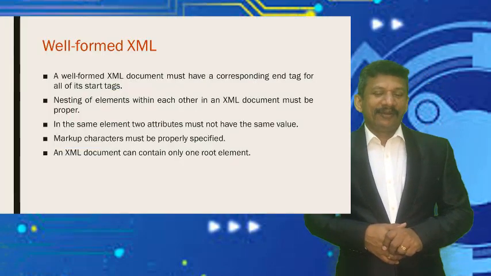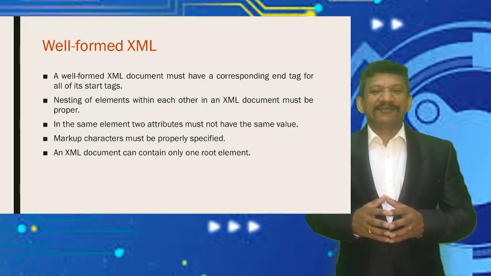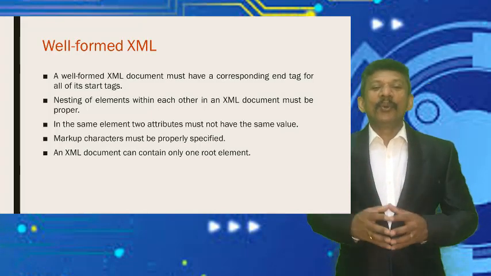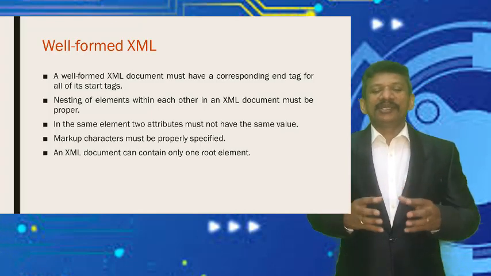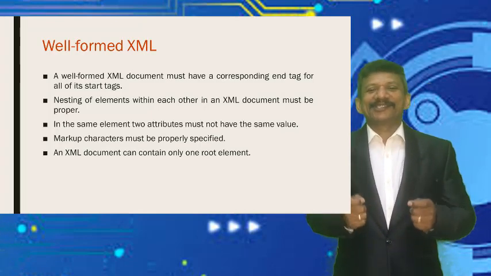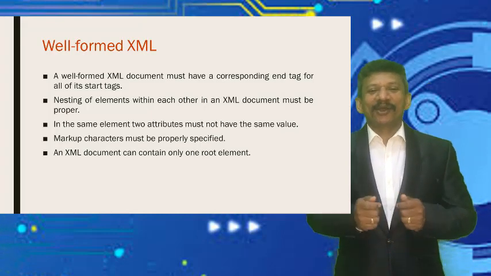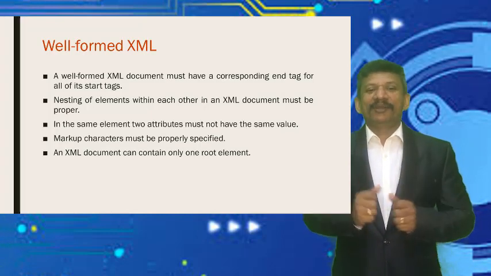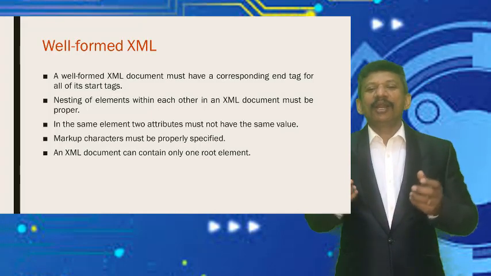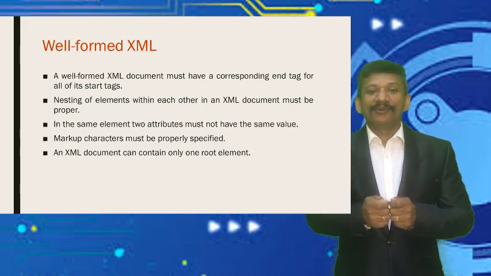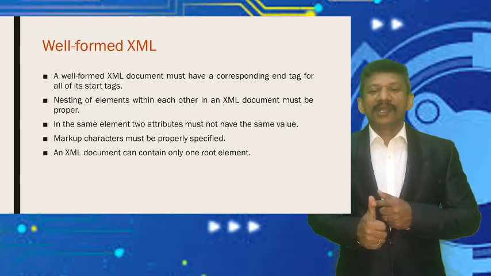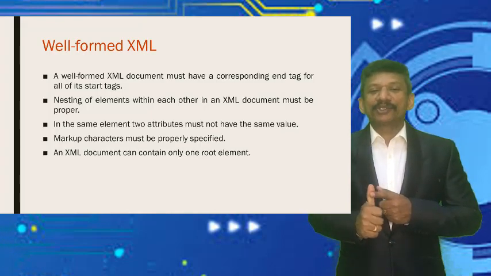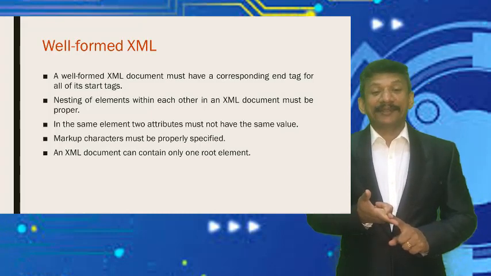Take a look at this particular slide. This is very important. We have a set of standards, a set of rules when we create XML. Only when you follow all these rules to create the XML, we call it a well-formed XML. So what are these general rules that you have to observe? Number 1, every open tag or element should have a closing tag.